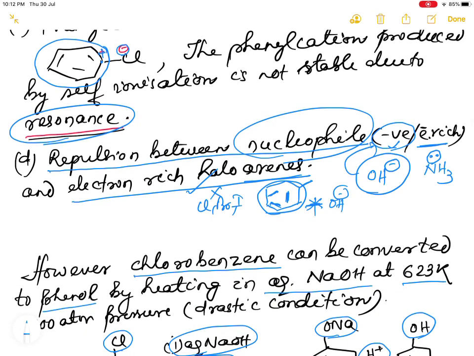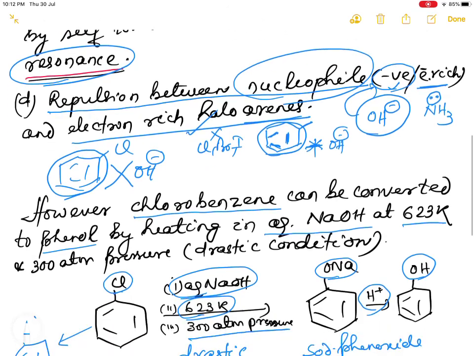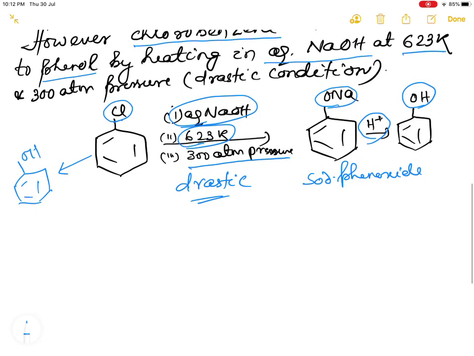Fourth point, possible repulsion between electron-rich haloarene and nucleophile. The nucleophile is negatively charged and the haloarene is electron-rich. So there is possible repulsion. So because of repulsion, haloarene does not show nucleophilic substitution reaction. If chlorobenzene is treated with aqueous NaOH under drastic condition, it can give phenol.